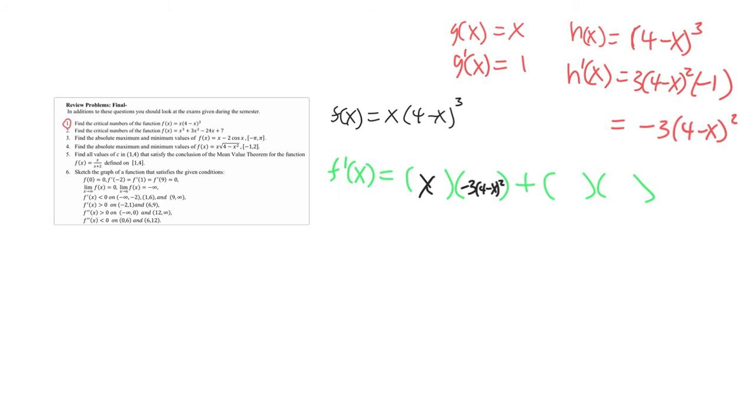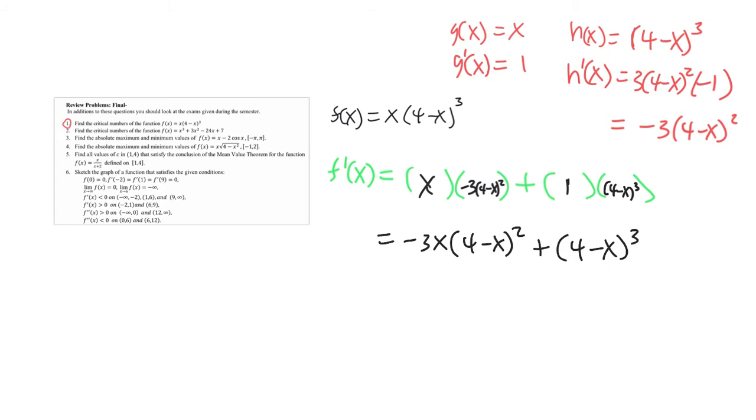And then we're going to take the derivative of the first one, which we already found here. It's 1 times the original h of x, which is (4 minus x) cubed. And simplifying that, we would get, let's see, negative 3x times (4 minus x) squared plus (4 minus x) cubed.